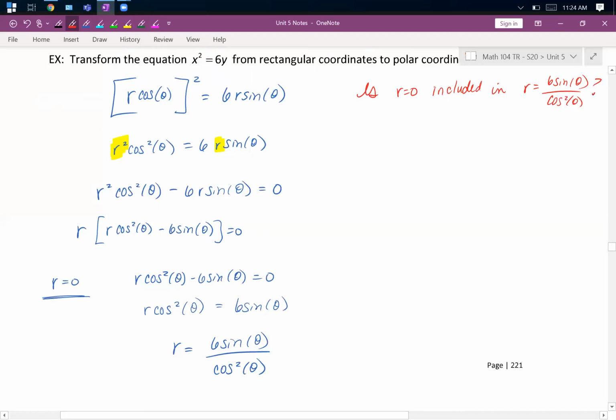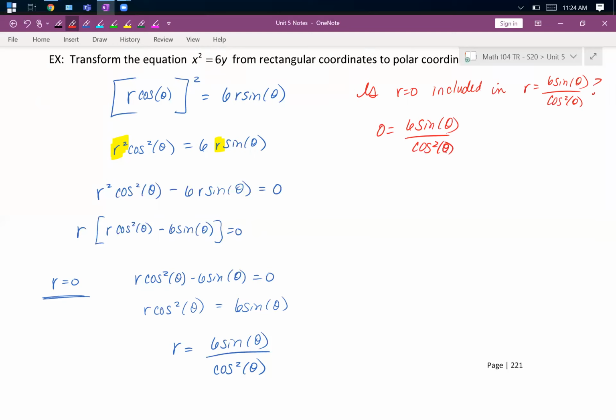The way that we're going to do that is, if r equals 0 and r equals 6 sine over cosine squared, that means that 0 has to be equal to 6 sine over cosine squared by our transitive property of equality.